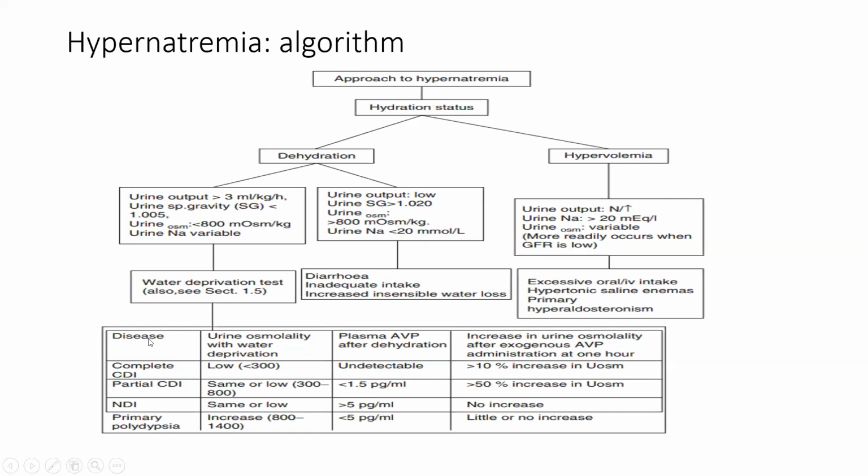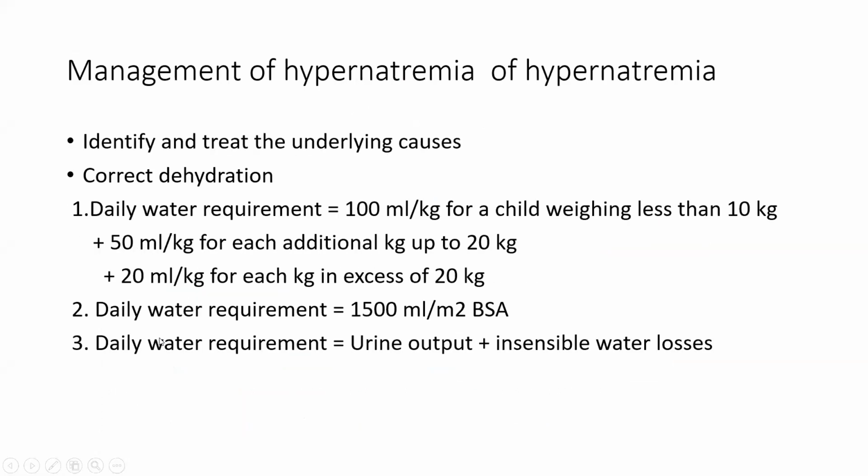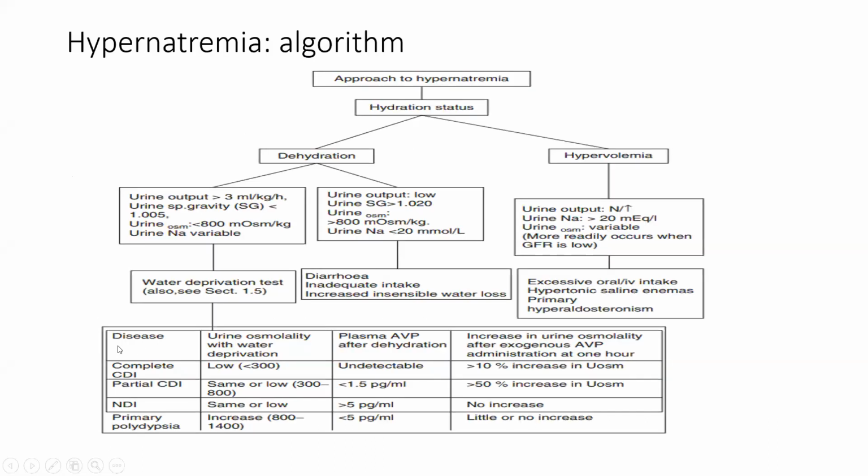Sorry, my computer is running very fast. So you may find, for example, central diabetes insipidus, nephrogenic diabetes insipidus, or primary polydipsia. The difference depends on the urine osmolarity with water deprivation. In central diabetes insipidus, you will have a low osmolarity, less than 300.